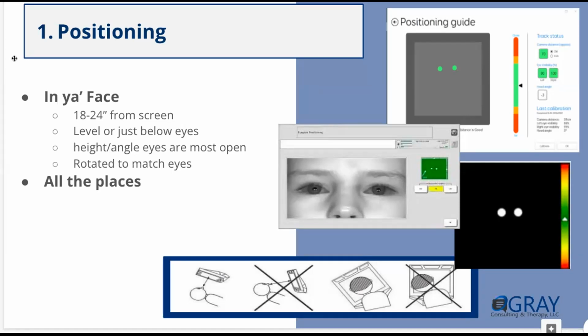Sometimes I'll even have individuals use a little pillow underneath their chin while they're in this prone stander to reduce the amount of effort they're putting into their bodies so that they can be more effective with their eyes. So the more stable that we can make them, the more effective they'll be at utilizing the eye gaze device.